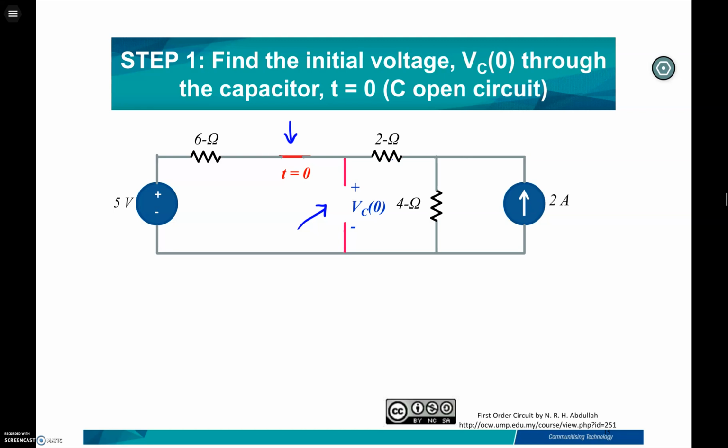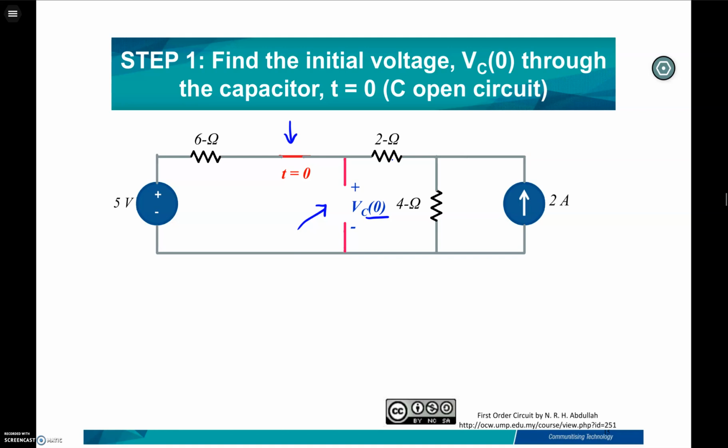You need to draw the circuit for the first step, which is t less than 0. Now you need to find the VC node here in order to determine the value and then substitute that into the equations. You can see that when the switch is closed, there are two sources that exist in the circuit.